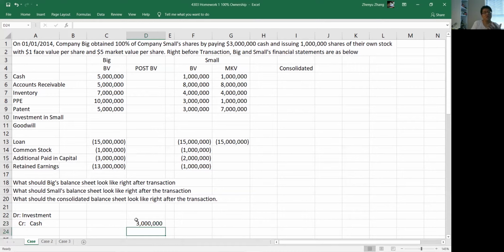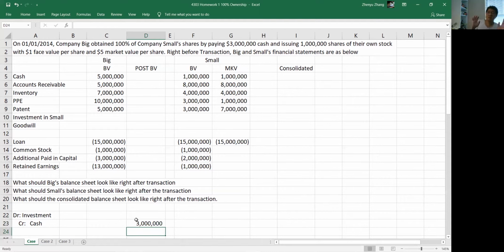They're probably better off because they got something in return. They received 3 million from Big, and they received a certain amount of stock in exchange for giving us their shares in Small.